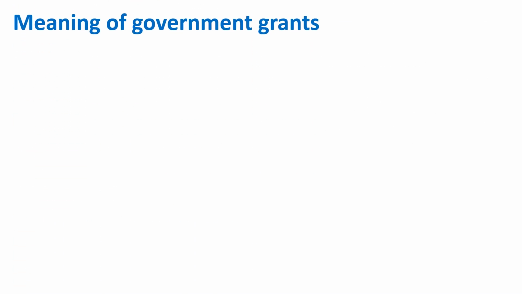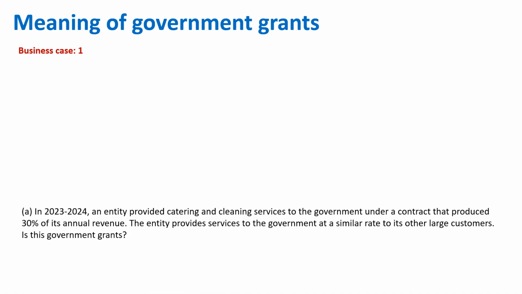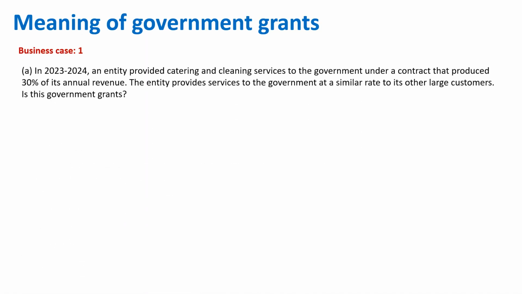Let's look into an example to understand how a government grant is identified based on the conditions. In 2023-24, an entity provided catering and cleaning services to the government under a contract that produced 30% of its annual revenue. The entity provides service to the government at a similar rate to its other large customers. Is this a government grant?